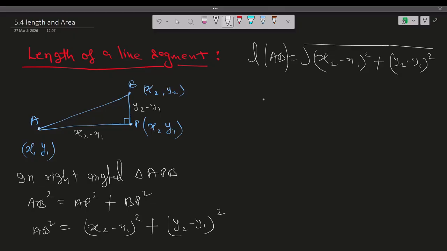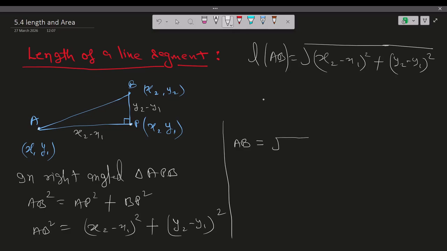And what about AB then? To remove this square, AB will be plus minus square root. But since AB is representing a length, and length never becomes negative, I will write only plus.